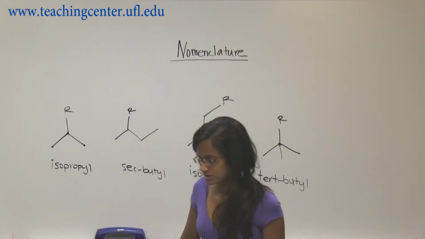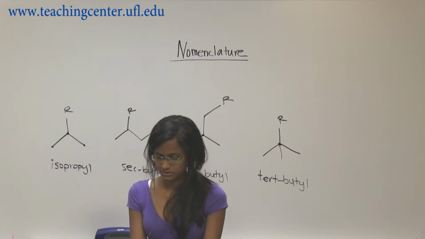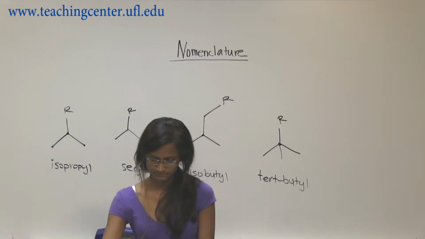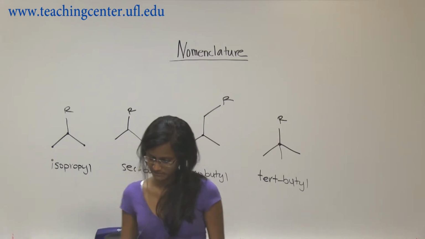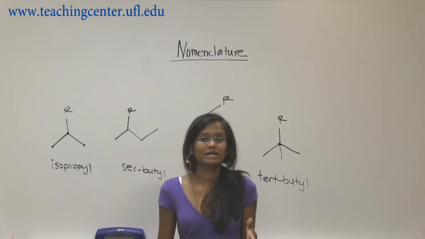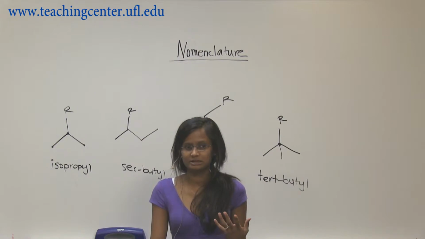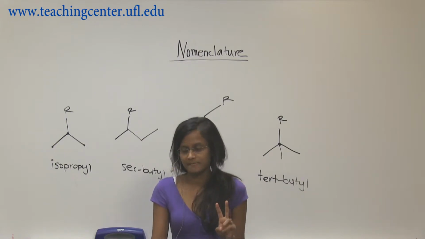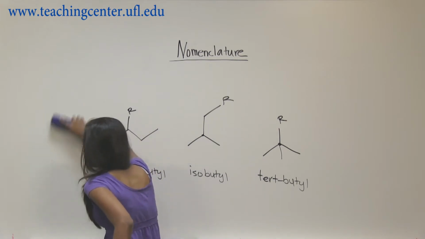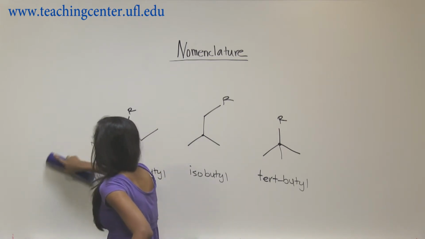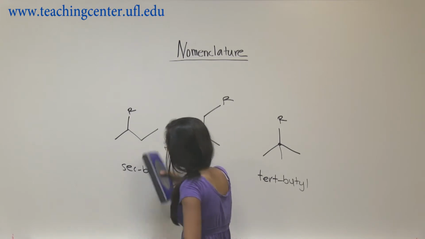Okay, so let's do an example so you can practice some of this. The way they ask you the name, Dr. J will ask you 2 different ways. He will either give you the picture on its own and you name it. That's a straightforward naming problem, where you have a picture, you name it.